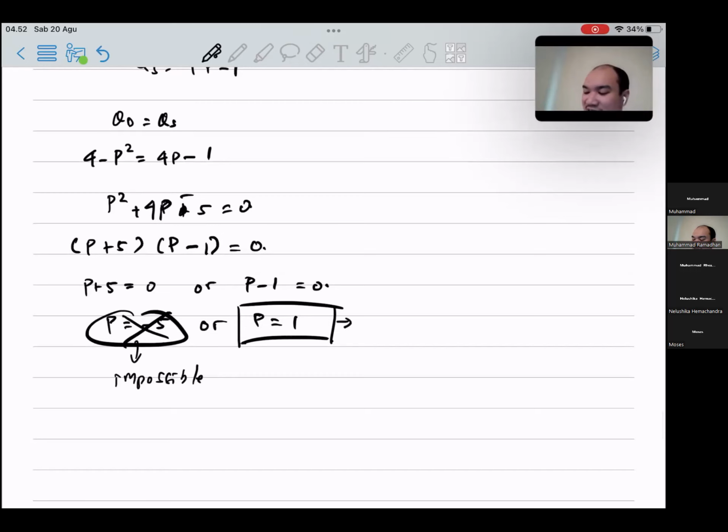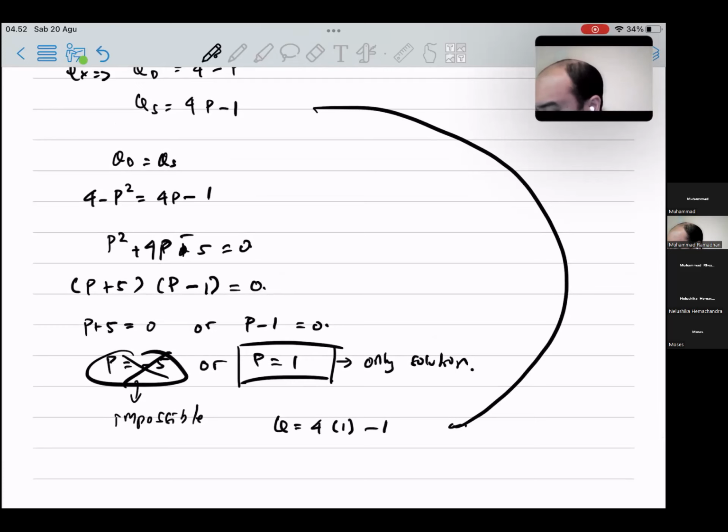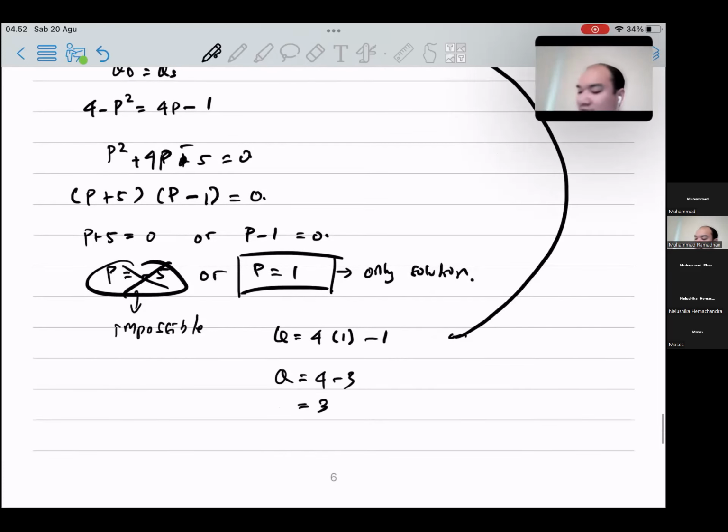It is the only solution. So the Q is 4 multiplied by 1 minus 1. So Q is 4 minus 1, which is 3. Okay, so the P and Q equilibrium is 1 and 3. It is so easy.